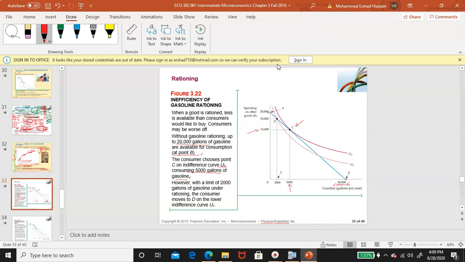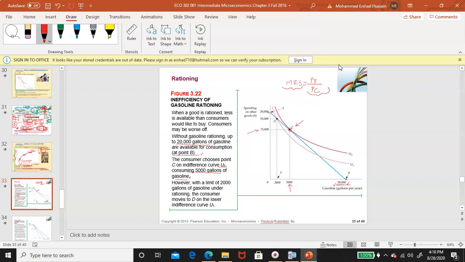Without any restriction, the consumer maximizes utility at C, right? Look at point C. Look at the tangent, right? Tangent means that the indifference curve MRS is equal to the ratio of the price of food to the price of clothing. This is the slope of the indifference curve, this is the slope of the budget line.